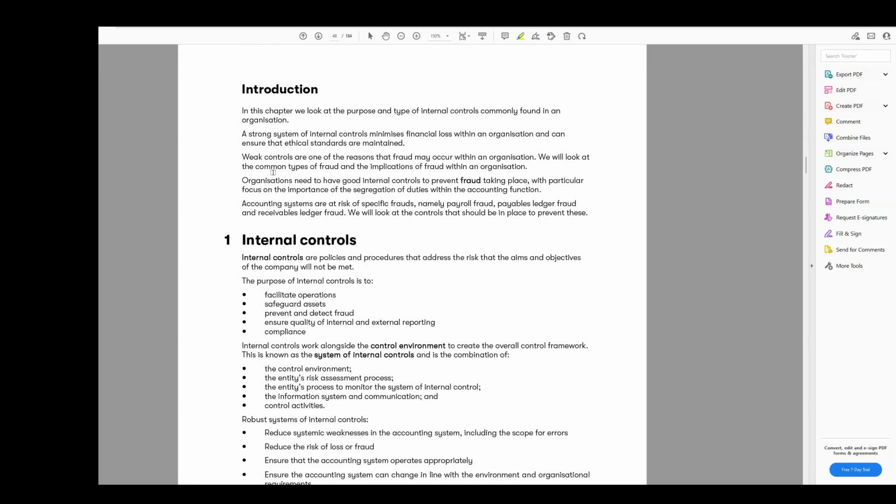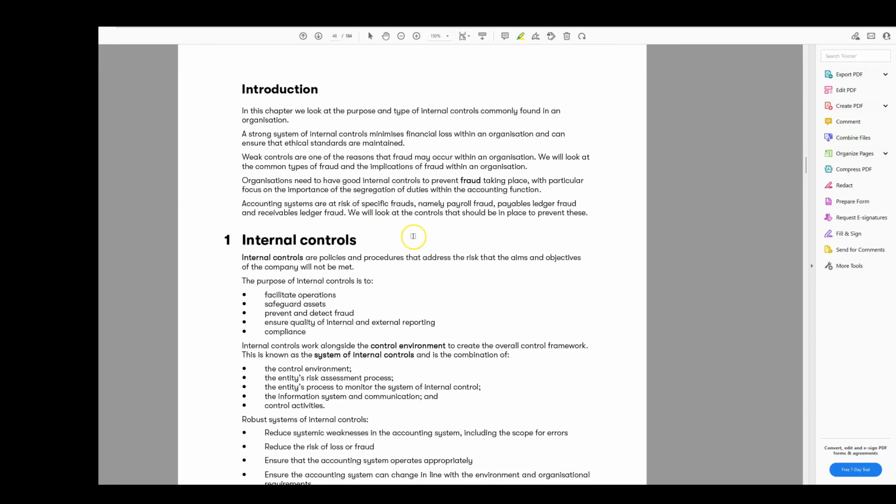If the same person can order and authorize the invoice, it's very hard to see whether he is ordering everything in the best interest of the company, or maybe he's ordering something for his personal reason and putting it as a business expense. So it's very important to have this understanding of the segregation of duties. One person needs to do some work and another person needs to check it. For example, if the payroll manager makes the payroll, then the financial director should check that everything is accurate.